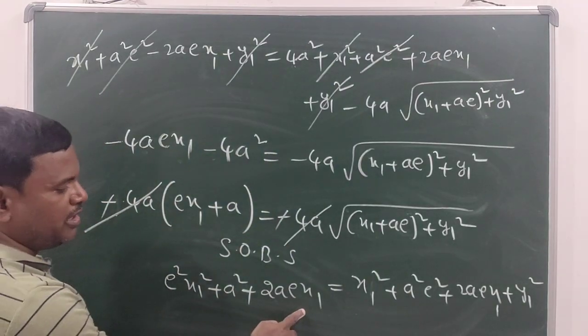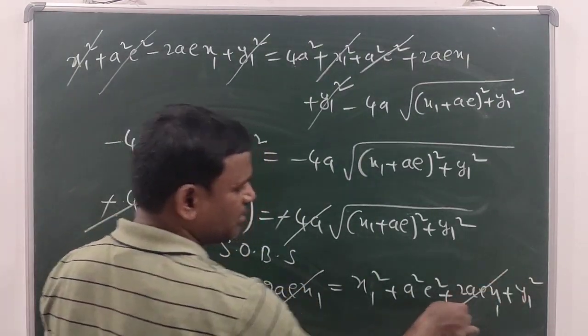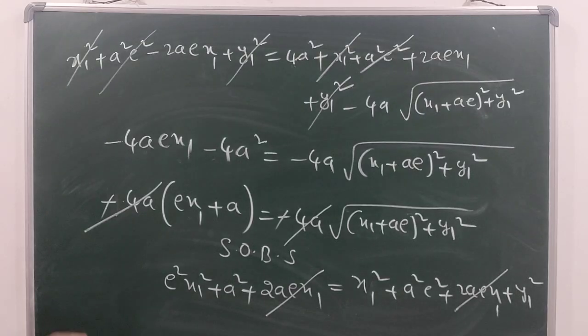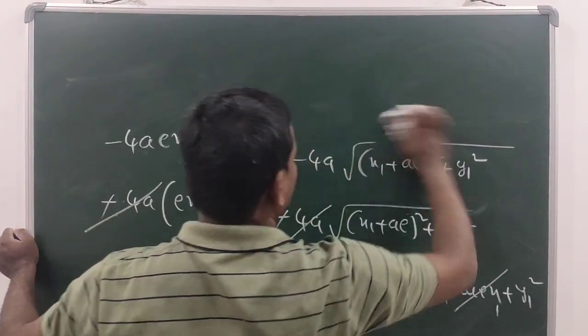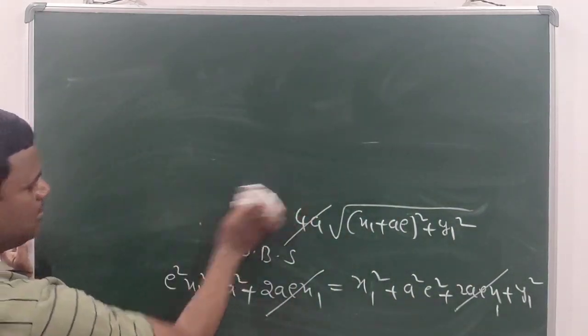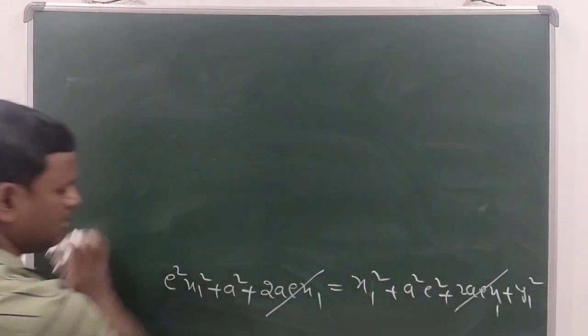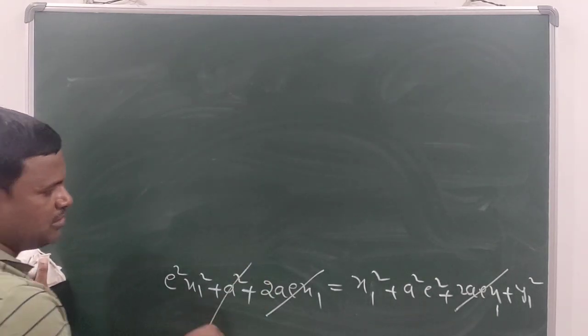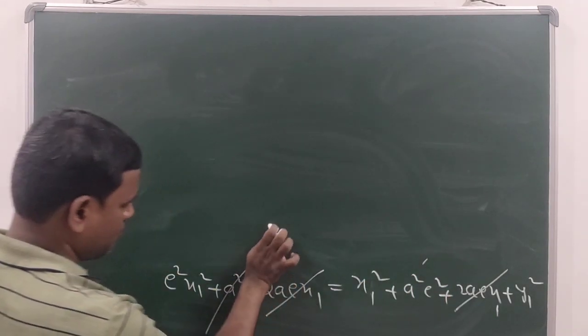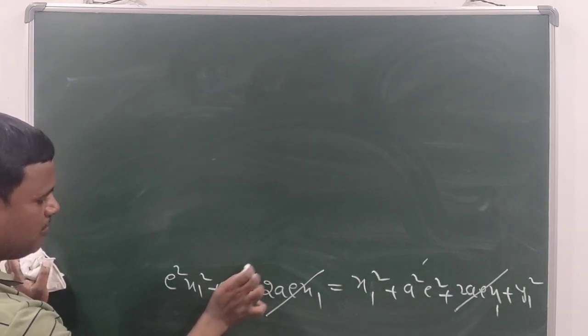Again this 2ae x1 and this 2ae x1 can be cancelled because both are equal quantities lying on either side of the equal symbol, hence we can cancel it. Right, now simplify leftover. Okay, here this a square, only here a square is there.